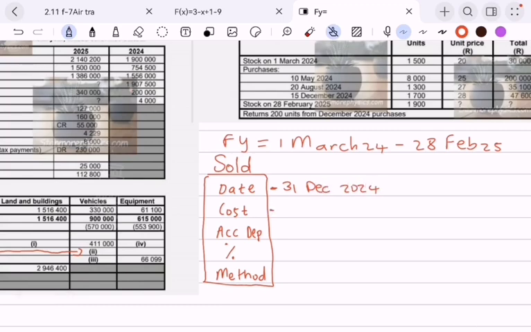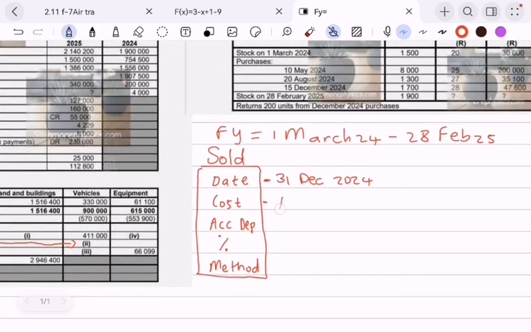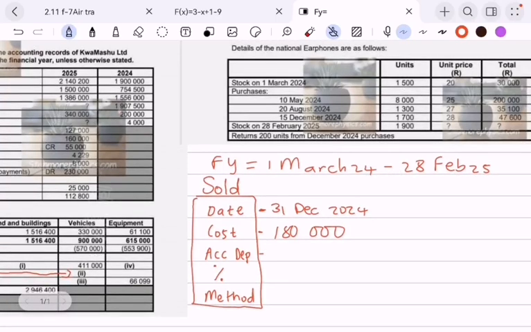Then what was the cost of the vehicle? So they said the cost of the vehicle was 180,000. You fill that up. 180,000. Simple and easy like that. And then your accumulated depreciation at the beginning. That's the one that we're looking for because it's at the beginning. That is 62,400. Then of course, you know it's going to be in brackets, 62,400.